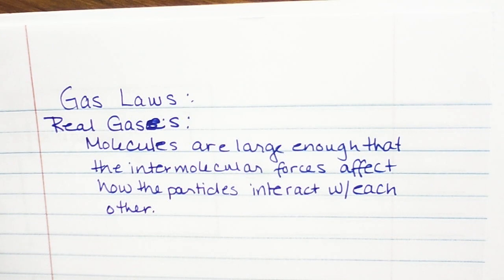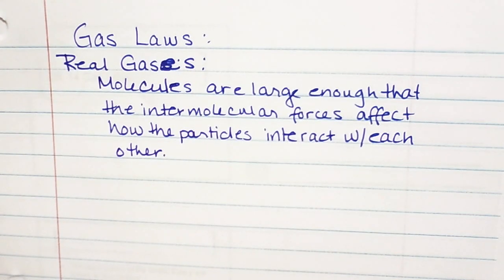gases only have dispersion forces, and dispersion forces get stronger as the particles get larger. So since gases only have dispersion forces, very small gas particles would have no intermolecular forces at all that affect them, because they're super small, and that's the only force they have.